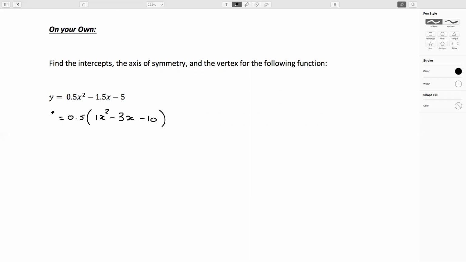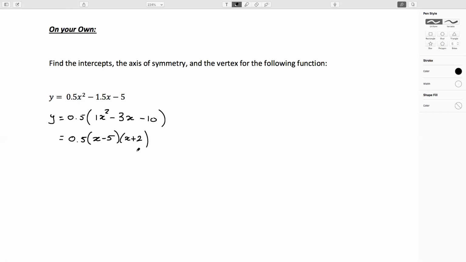So our equation turns into 0.5 times x squared minus 3x minus 10. So we've got to think, there are two numbers that add to minus 3 and multiply to minus 10. Well, minus 5 and 2 would fit the bill. So this is equal to 0.5 times x minus 5 times x plus 2.